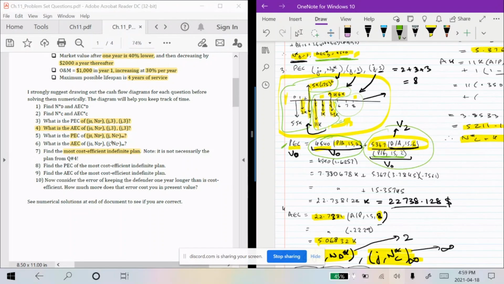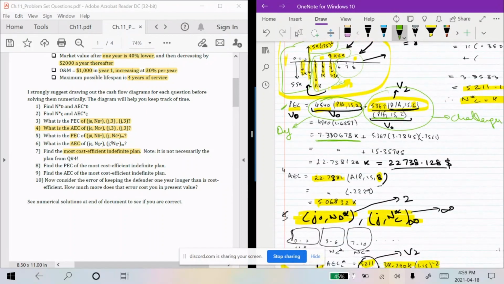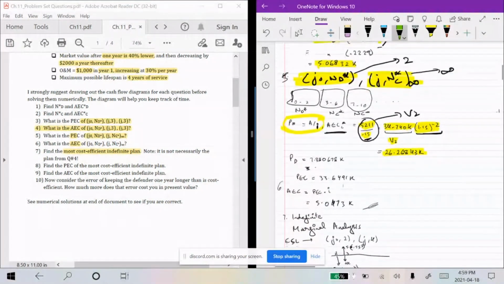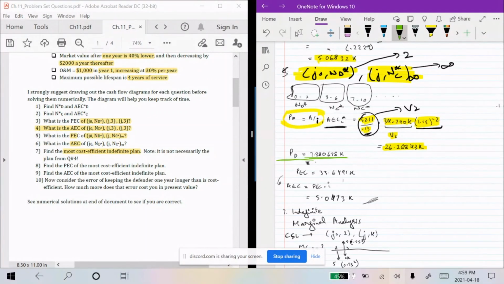This part is for the Challenger. This is for the Defender. This was the present equivalent cost of the Defender. That's why I didn't do that again. I just copied the value from here. Okay, so 7,380, that's $7,380. That's what I wrote here.